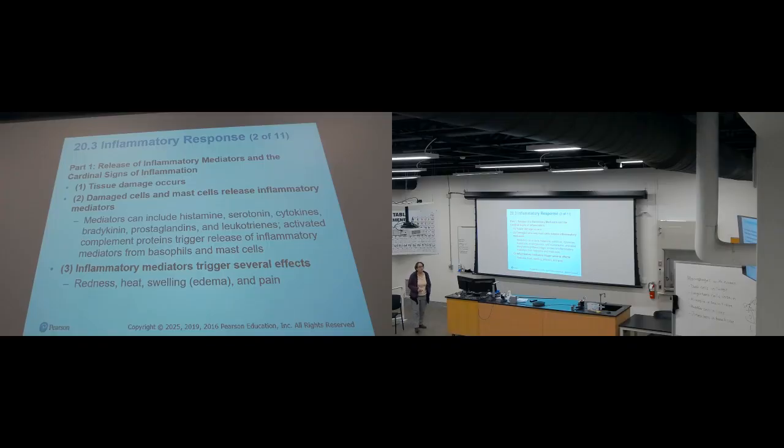So, first part is that you have tissue damage. And then these cells will release chemicals that are going to attract neutrophils and other cells. And then you will have the release of histamine, serotonin, cytokines, bradykinin, prostaglandin, leukotrienes. All of these are chemical mediators of inflammation.